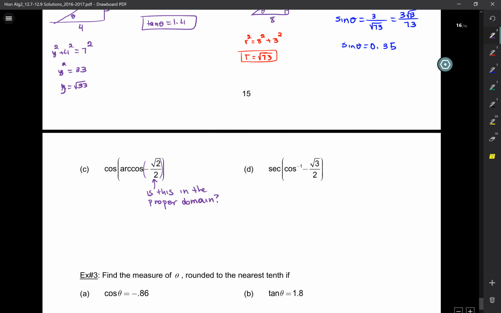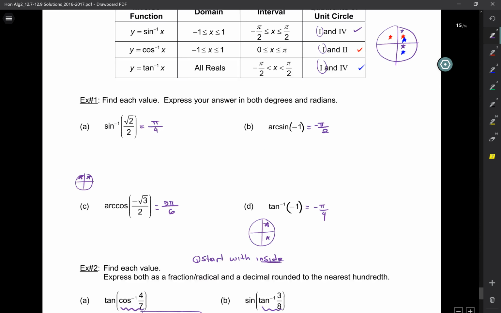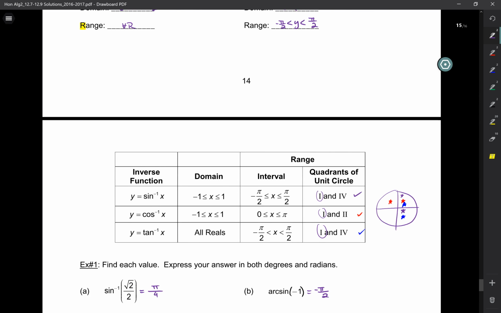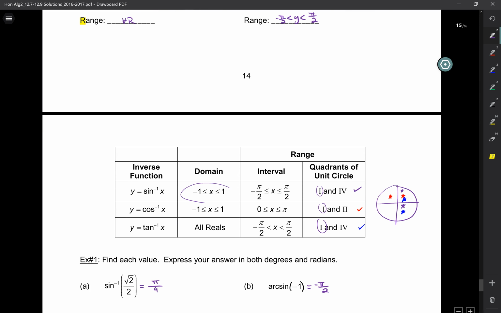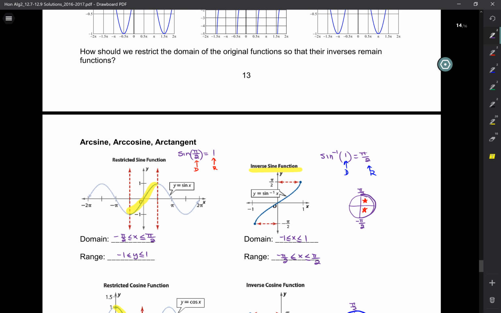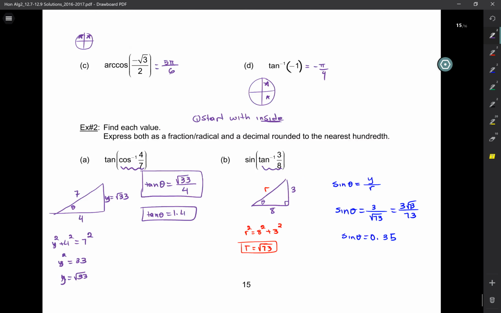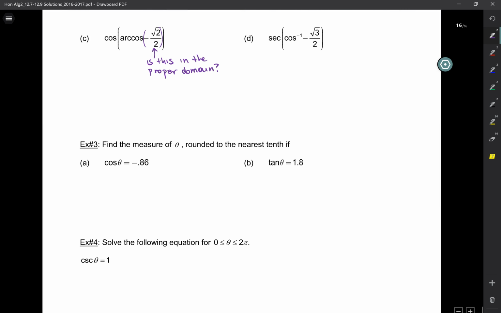What's the domain of the arc cosine? The domain is between -1 and 1. Remember, if you have arc sine of something, this number is part of the domain. So this is in the proper domain, and the answer is just negative root 2 over 2. Nothing else.